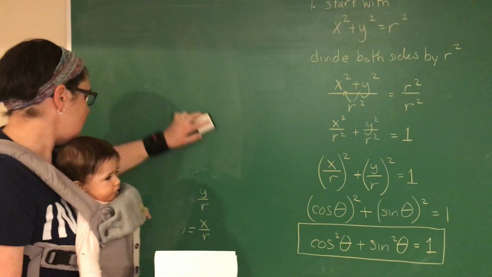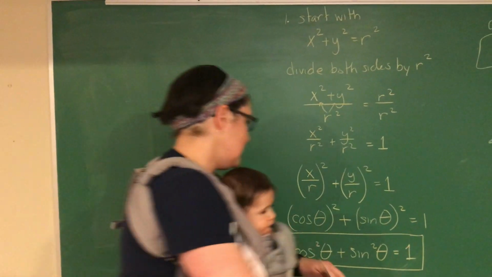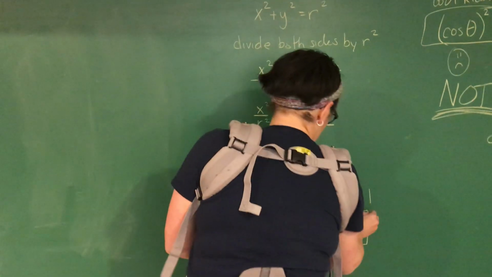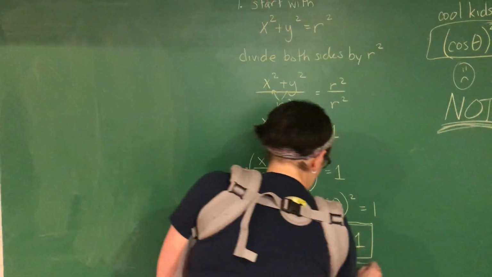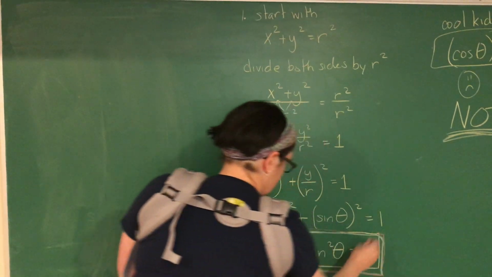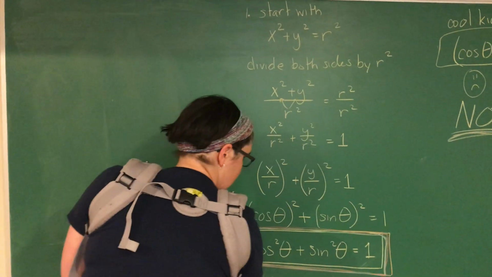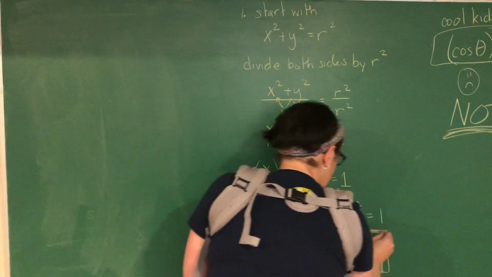The other 2 Pythagorean identities are pretty cool. Not as cool as this guy down here. I mean, this guy is so cool that he should have green surrounding him, and red, and orange, and purple.